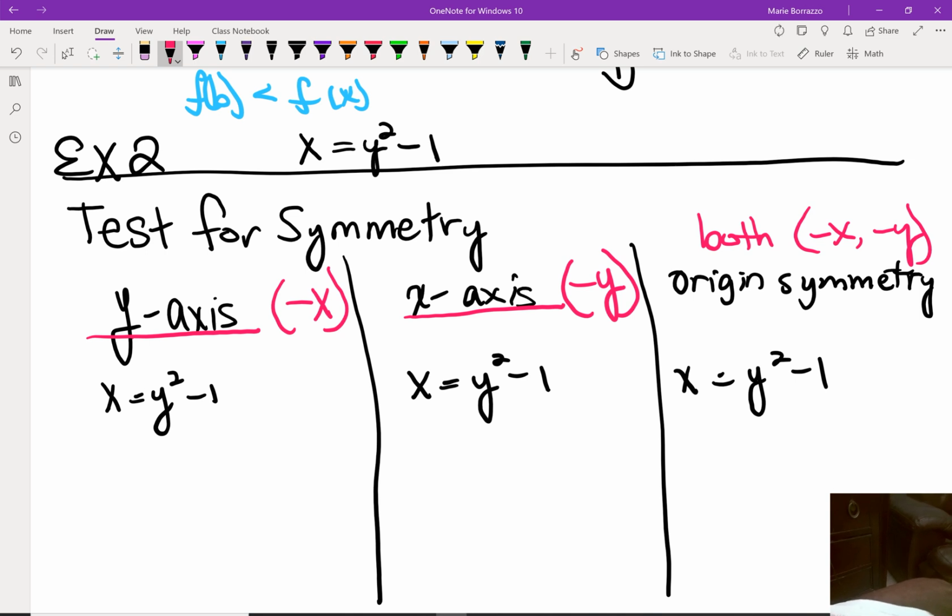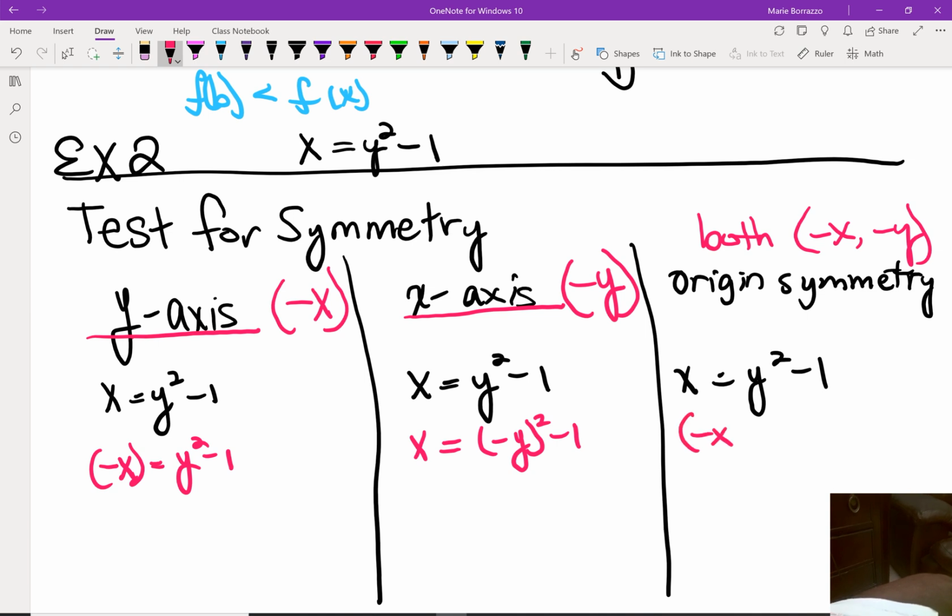So I'm going to test for y first. That means that since x is positive, I'm going to use negative x is equal to y squared minus 1. And come over here, do the same thing. Actually, no, sorry. For the x-axis, I'm going to do the same thing with respect to the negative y. So x equals negative y squared minus 1. And for the third one, we test both.